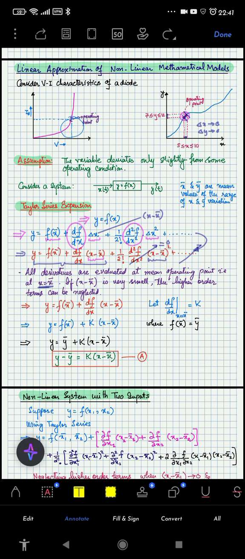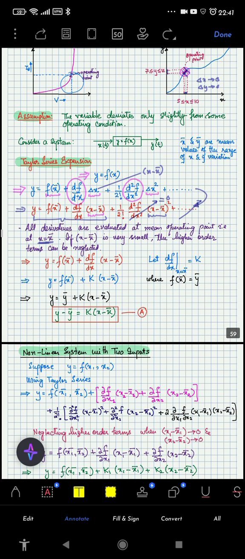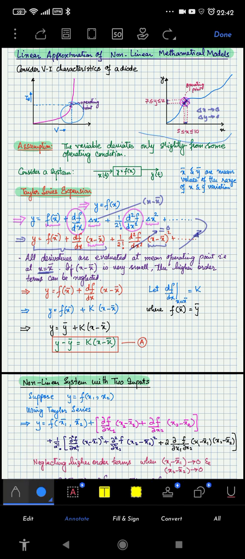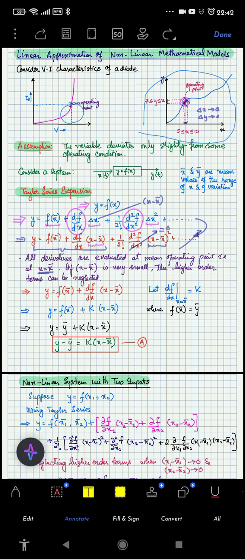After taking that, we will understand what assumption we make, with the variable derivative on a very straight line for some operating condition. On this graph, we have an operating point where y varies from 7 to 12.